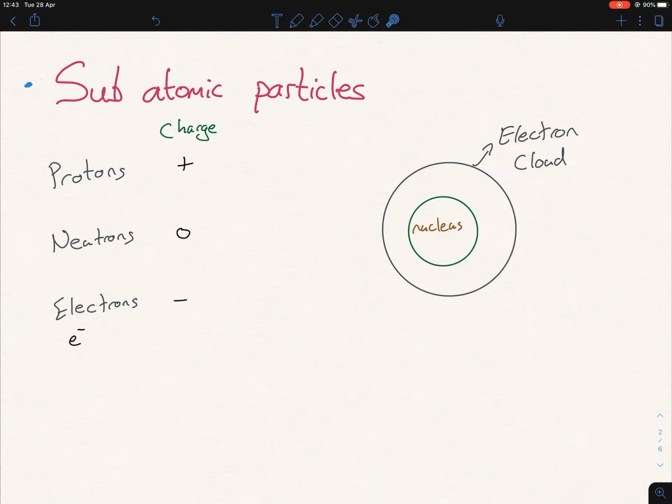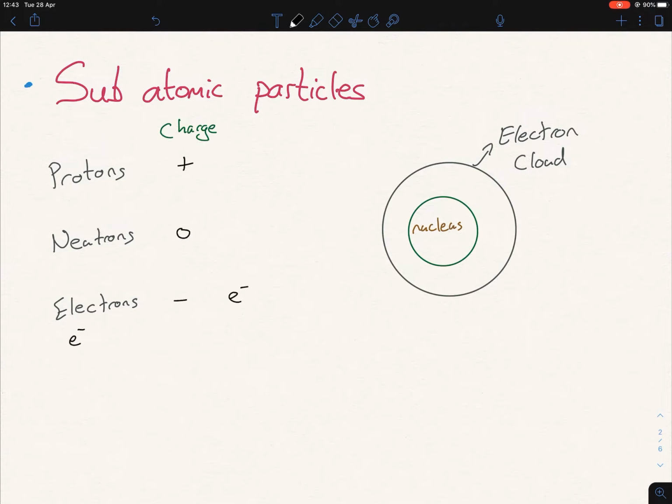So there's only two parts to an atom, and you need to determine where in these two parts are the subatomic particles. That's all these are. Protons, neutrons, and electrons are classified as subatomic particles. The obvious answer there for the electrons anyhow is the electron cloud. So that kind of makes sense straight away. Electrons are found in the cloud.